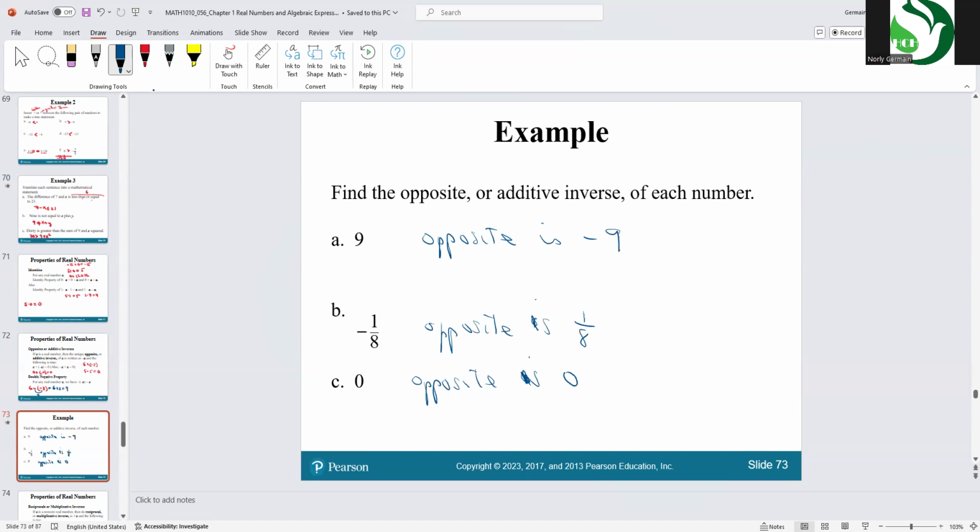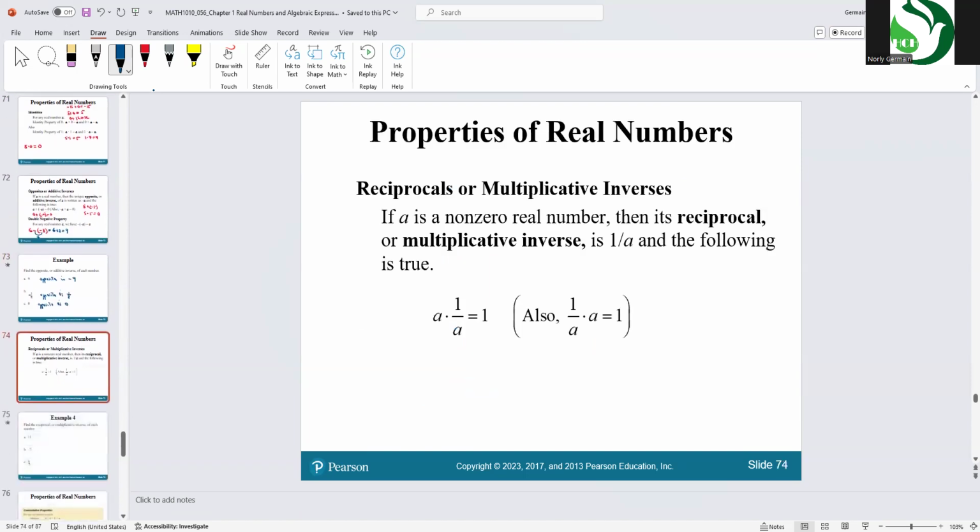So, properties of real numbers also: reciprocals or multiplicative inverse. If A is a non-zero real number, then its reciprocal or multiplicative inverse is 1 over A, and the following is true, right?